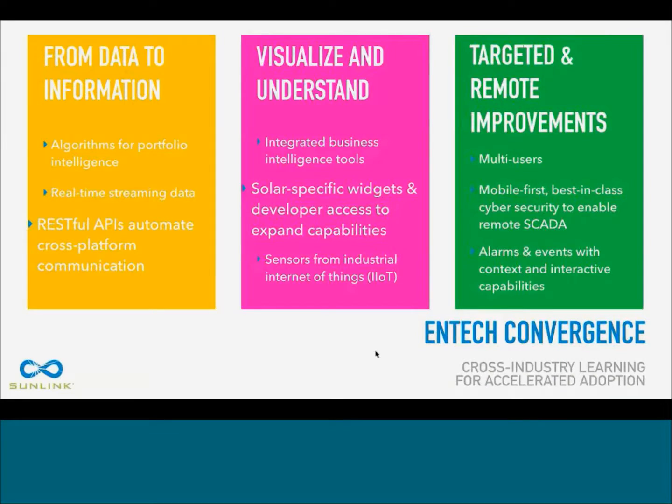And then when we talk about targeted remote improvements in solar, it's fairly straightforward with wanting to have SCADA capabilities, but again, not decoupling that from modern workflows.